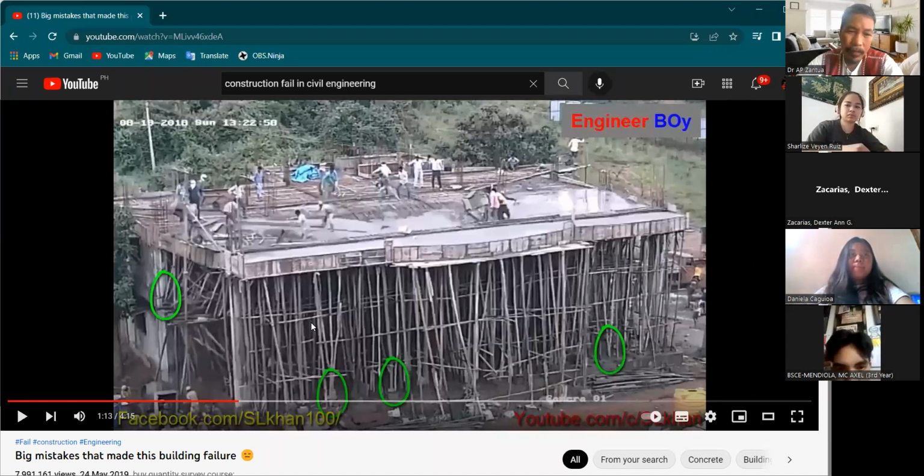Take note of this. The slab is actually too high. It is more than the average height of one story. This is more than 3 meters. The height of the slab is more than 3 meters. The usual one story height is about 3 meters, plus or minus something. But there are buildings like, for example, in our school here.